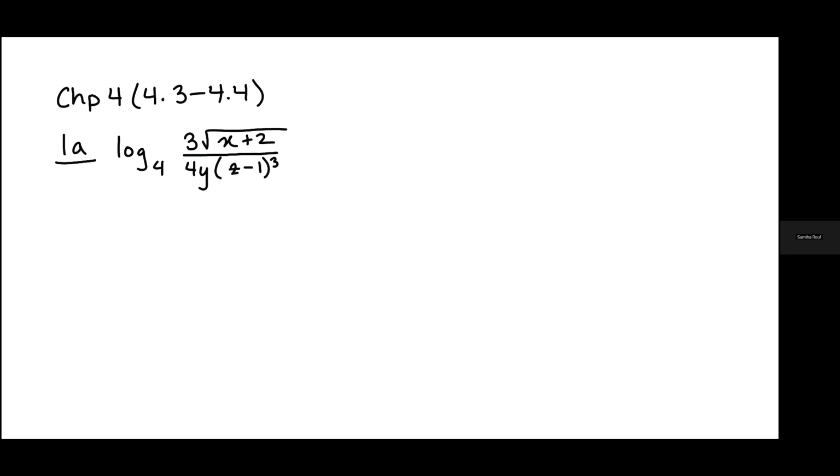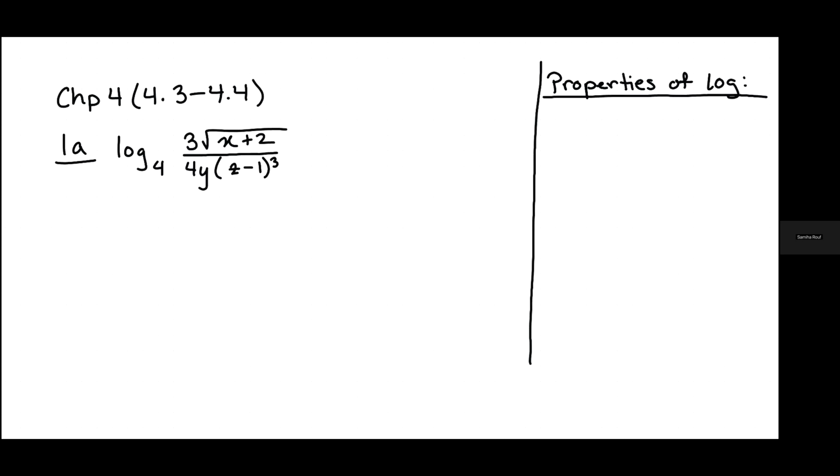Okay, so any problem that requires you to work with logs, it's necessary to remember all the properties. Okay, so I'm going to go ahead and write out the properties as a reminder. So we have, if you have log of some base of different things being multiplied, then you can set it up as a sum of each piece.